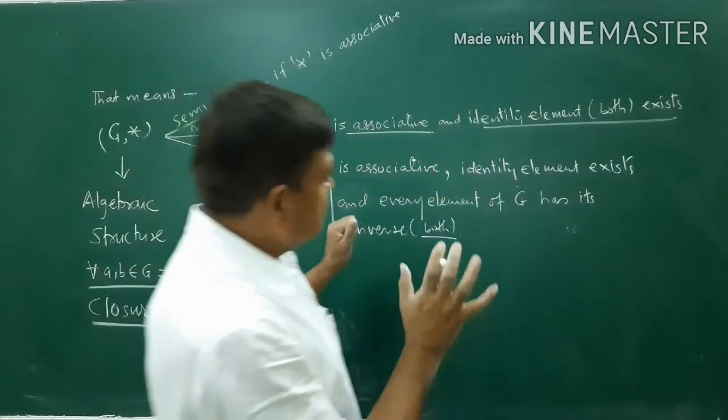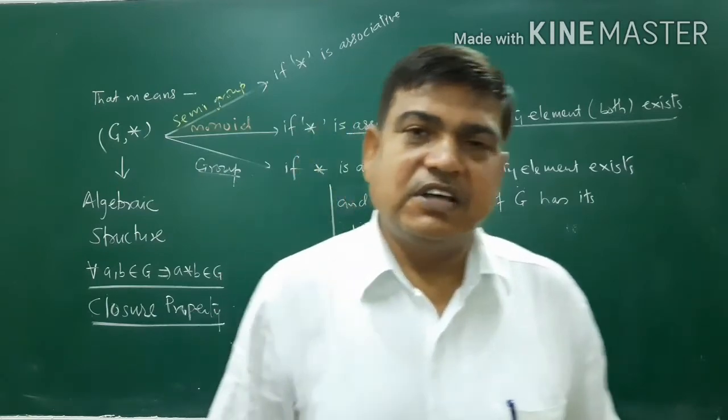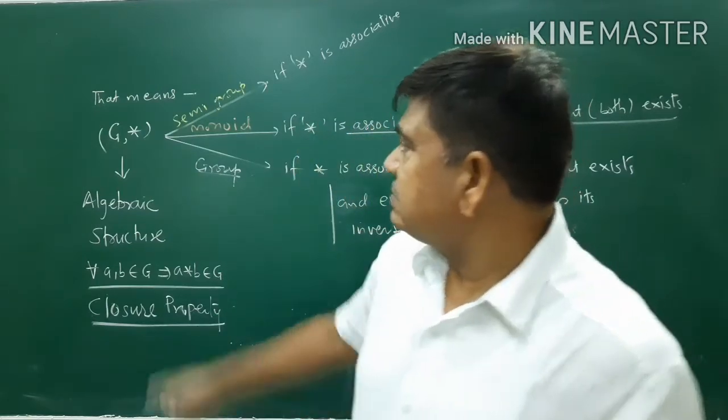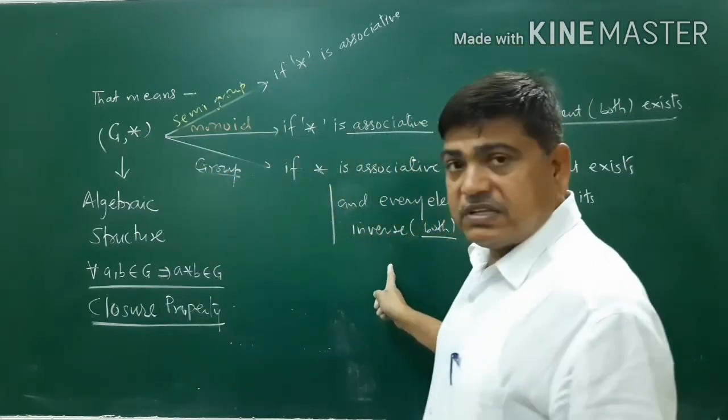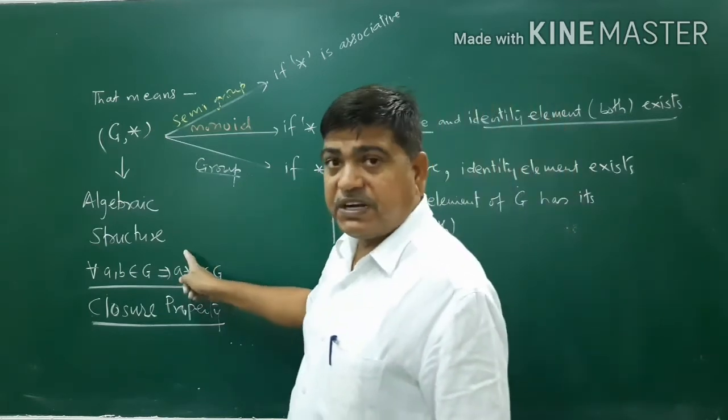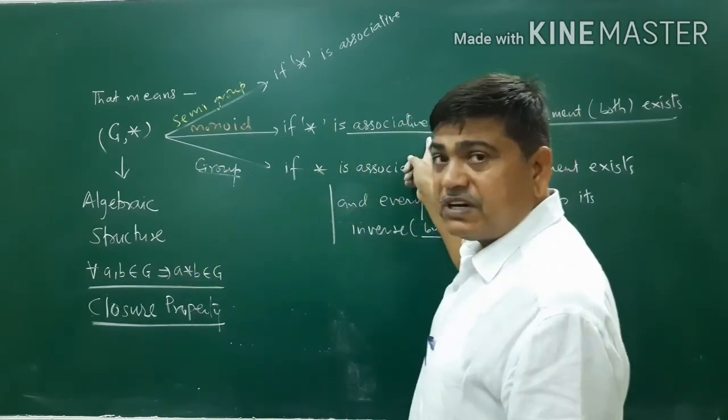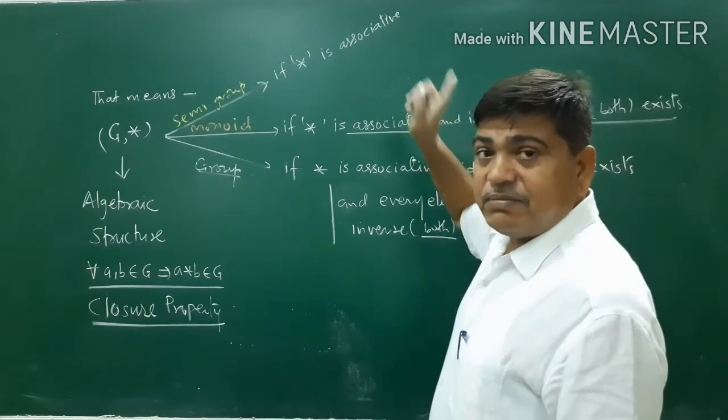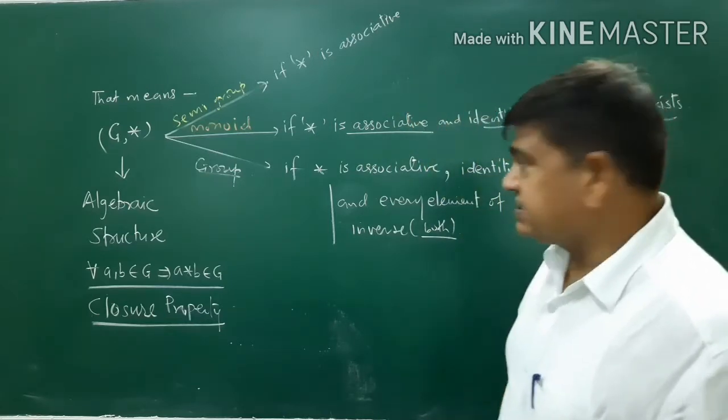This part is given in abstract algebra. So G is a group if it has closure property, associative property, identity element and inverse.